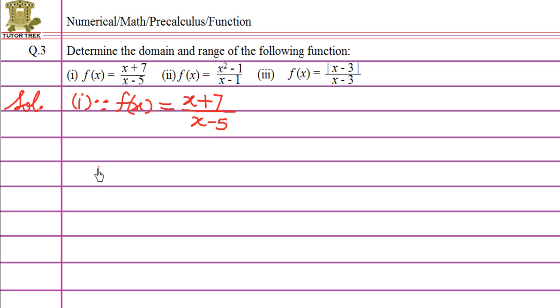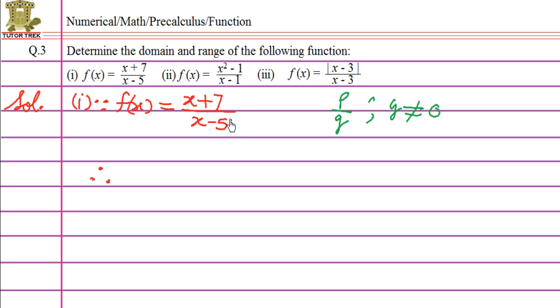Now first I would like to explain something. We know that a rational number can be expressed in the form of P over Q, where the condition is Q is not equal to 0.